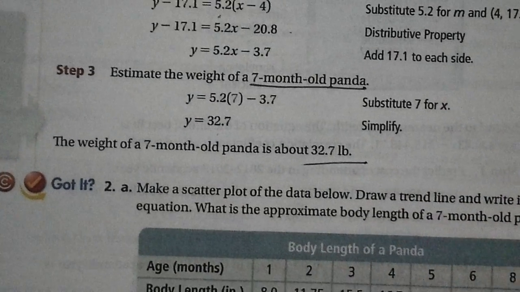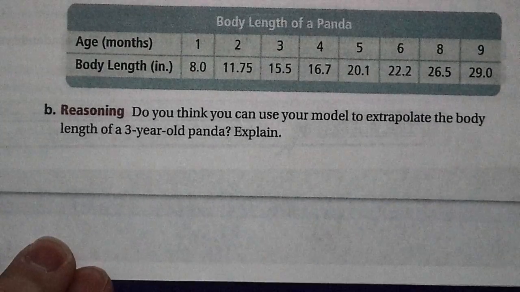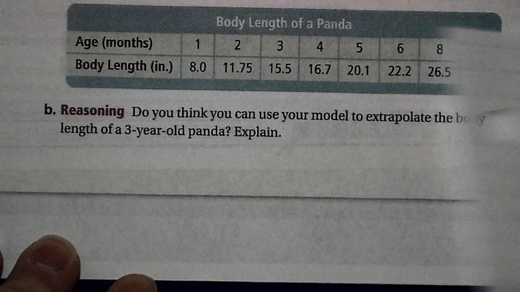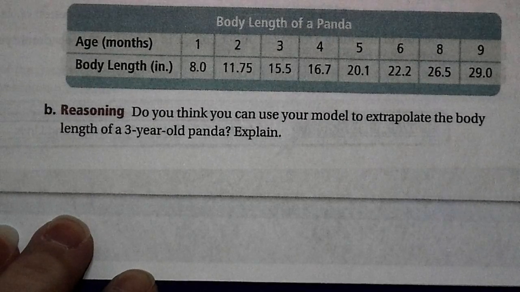All right, so now we're going to try it out. We are going to make a graph. On the bottom, we can do our months, and we can go by ones.